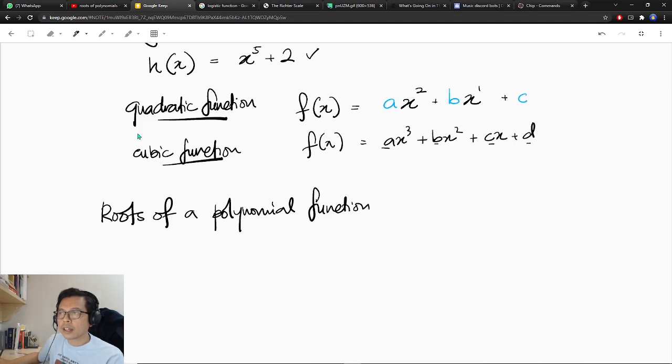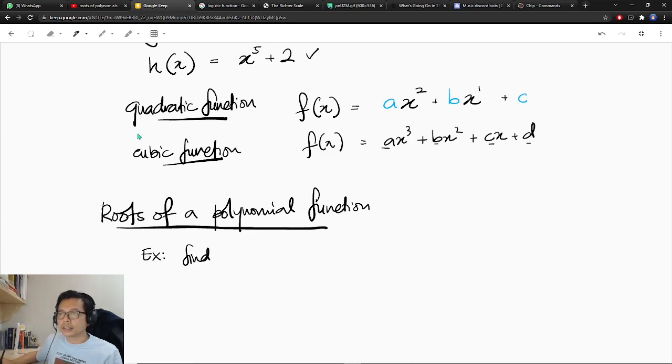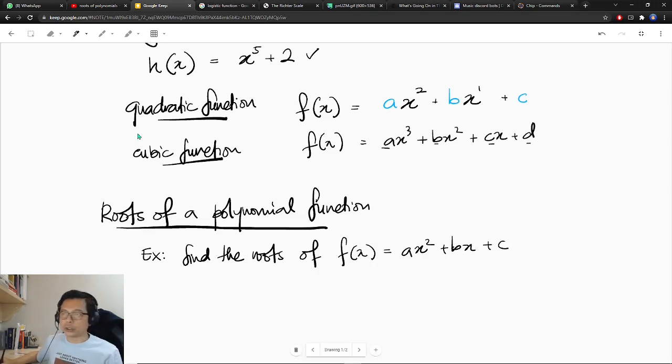Say you want to find the roots of a quadratic function, ax squared plus bx plus c, then what do you do?